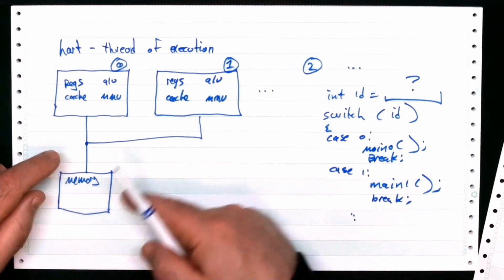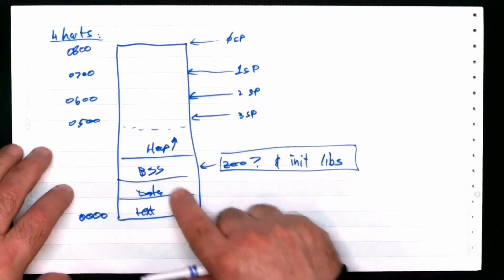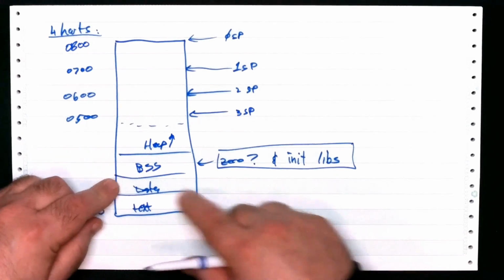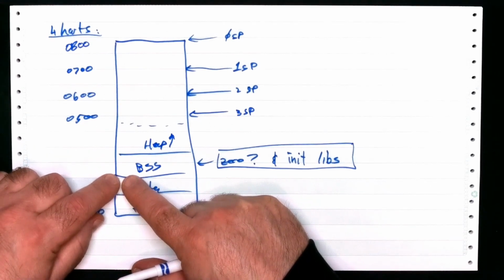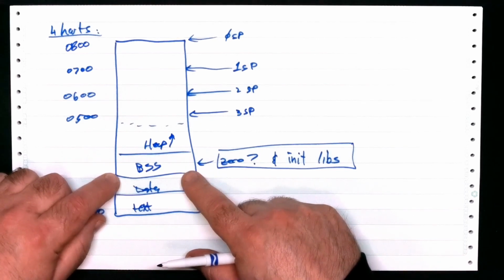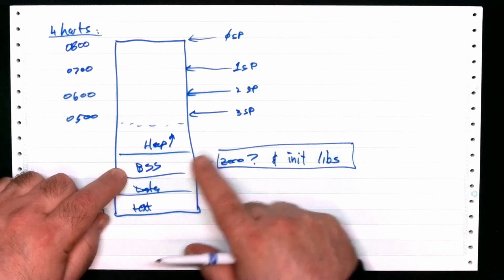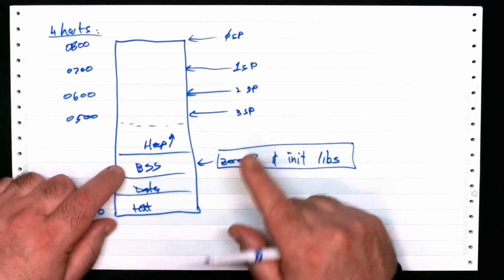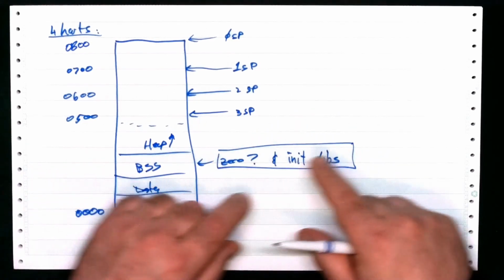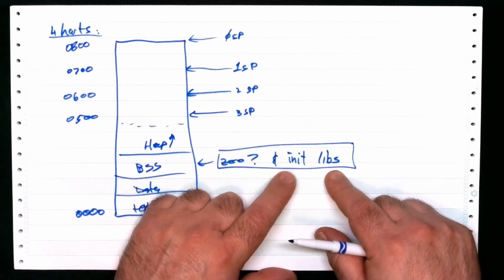So it will literally double the amount of time it takes to clear out this BSS if every single hart is trying to write to the same memory byte at the same time. They'll all go one after another. So it would be nice if only one of the harts cleared out the BSS while all the other harts waited somehow. We also have this problem that we have to initialize the libraries.